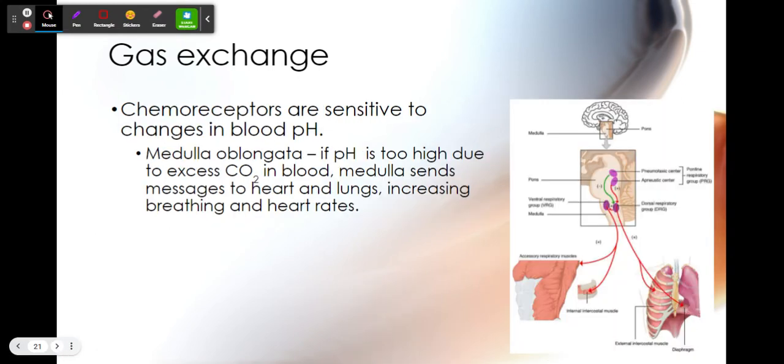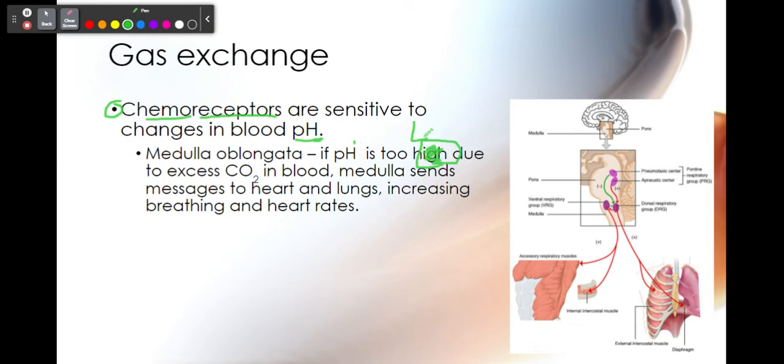And we mentioned this last class just a little bit, talking about changing heart rate. There are chemoreceptors, receptors that are sensitive to chemicals related to pH, acidity, in the medulla oblongata, which is part of the brain stem. And if the pH is too high, that should not say high, that should say low. The pH is too high is wrong.